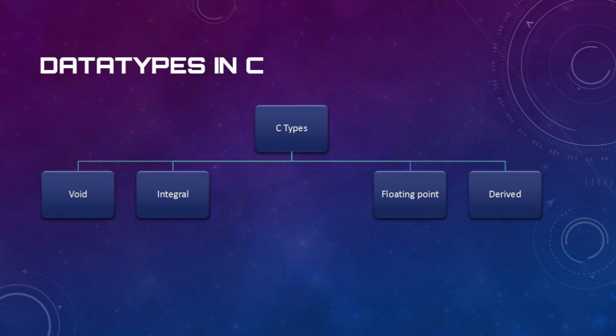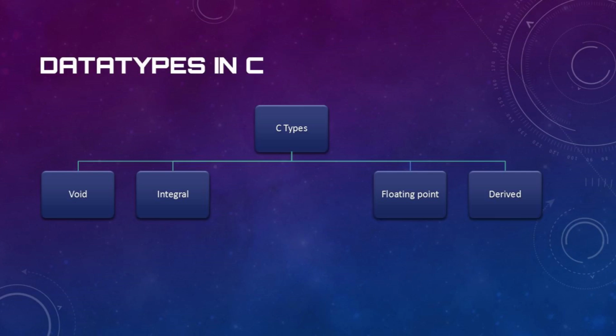So why do we use void if we don't have any value for it? Normally we don't use it to take values, but we use it in front of functions. When we define a function, if that function is not going to return any value, we use void. So in the case of variables, we are not going to use void.